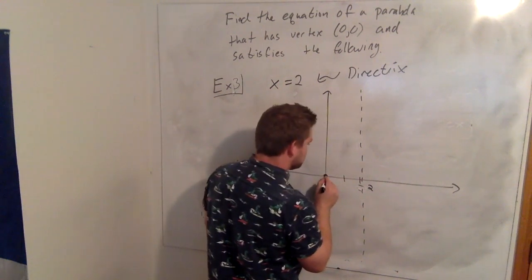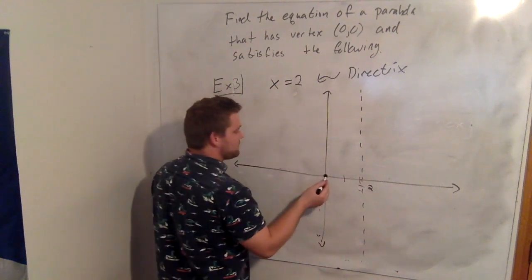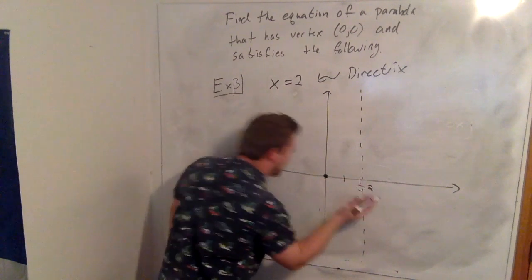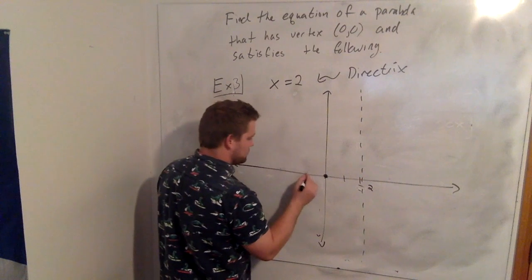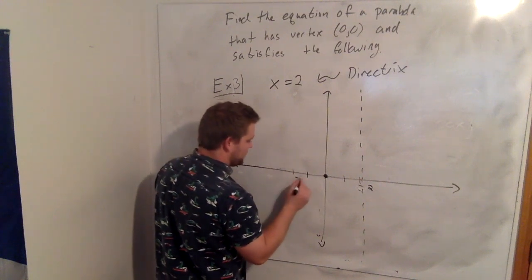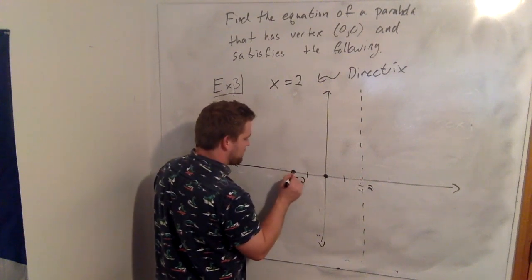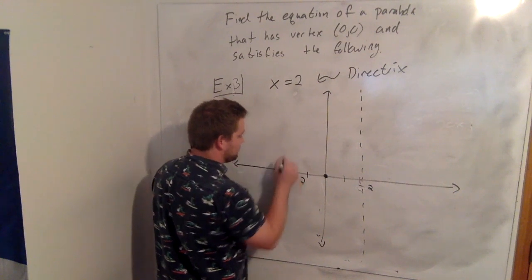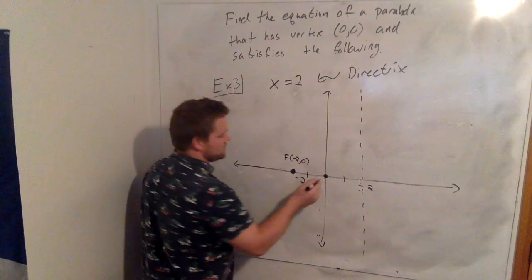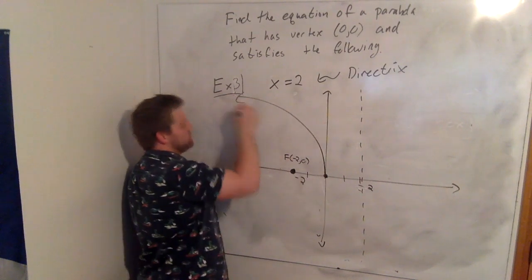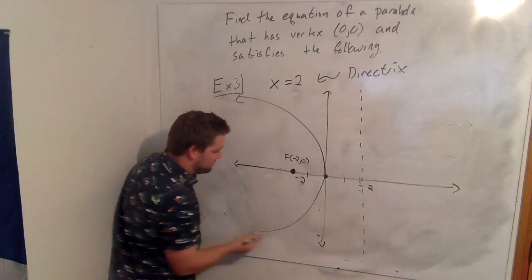So in this case, the focus is actually going to be to the left of the directrix. So this will be the point -2, and this is where our focus will be. Our focus has coordinates -2 and 0. So our parabola is going to open up to the left.